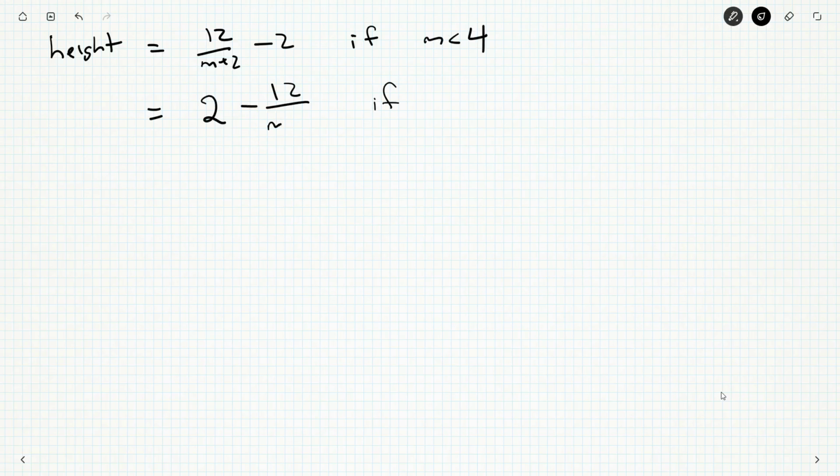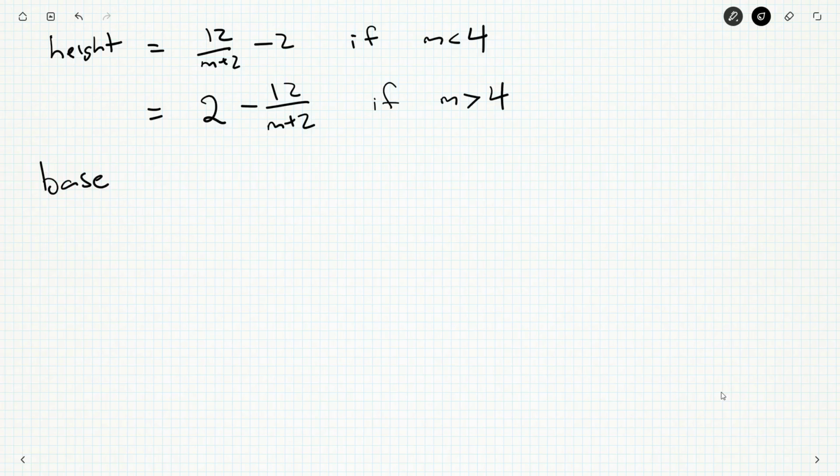If 12 over m plus 2 is less than 2, this will be the distance, because it'll be a positive value. And that happens when m plus 2 is greater than 6, or rather when m is greater than 4. And you might want to show your work on that, but I think we're fine.